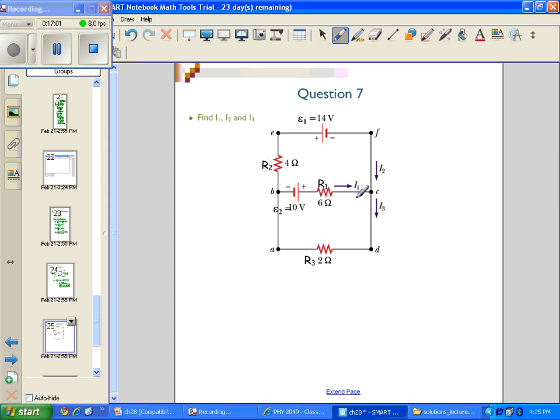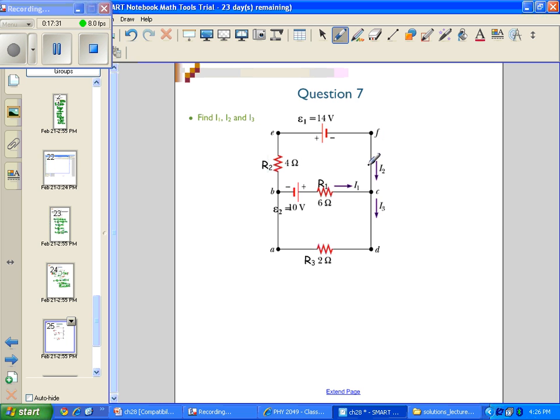And once again, our diagram has decided to guess for us the initial directions of the currents. So we'll go ahead and utilize the directions that they've given us here, but recognize that if we end up solving the currents and getting negative values, the initial guess for the current was not correct.